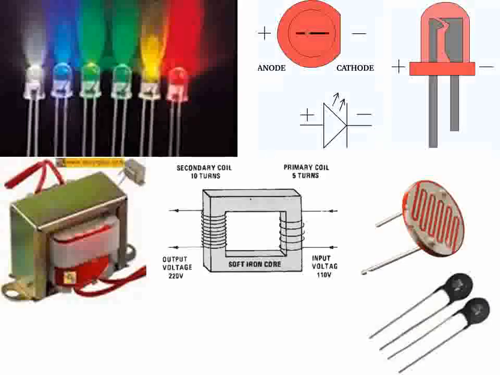On the top corner of the slide, we have different LEDs. LEDs of different colors, white color, and at the last red color. These LEDs are used nowadays. They can operate at a very low voltage, say 1.5 volt, then 2 volt, and it depends upon the manufacturing, that voltage can be increased also.